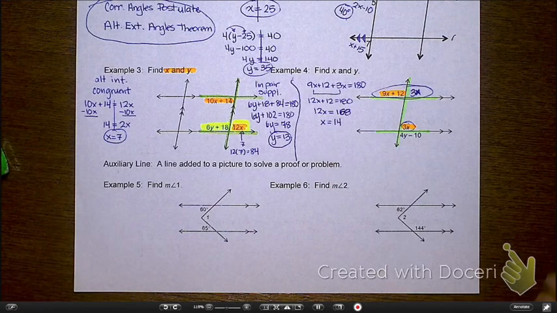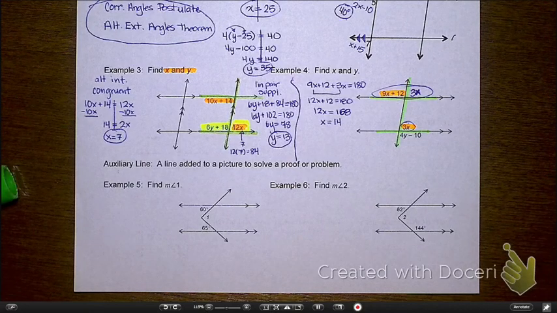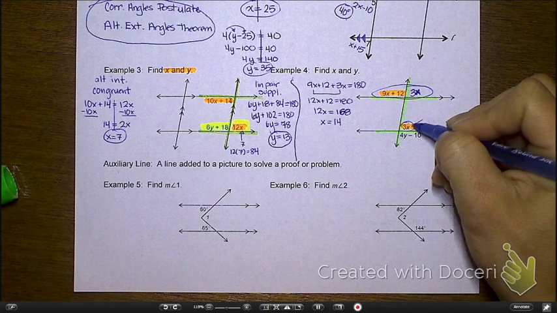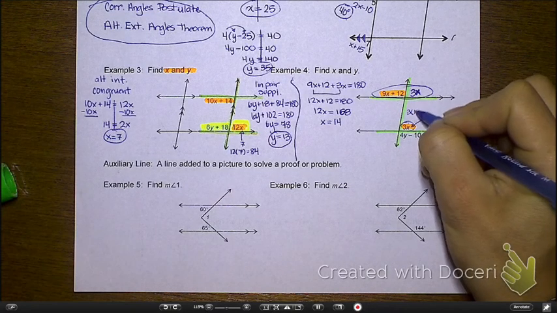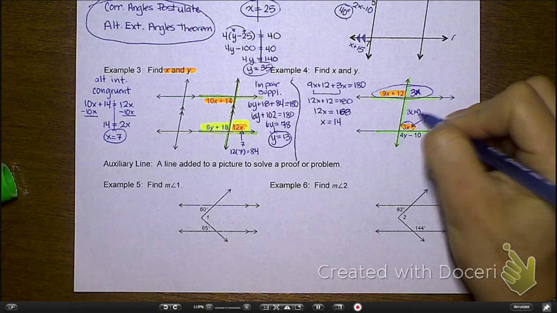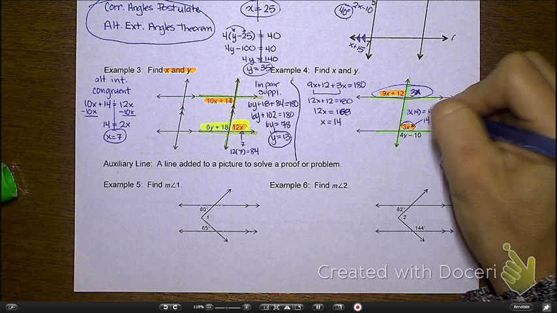So now that I've got 14 as my value for x, how am I going to find y? Plug it in. Where do you want me to plug it in? Right here? So when I plug that in, what's 3 times 14? 42. So this angle is 42 degrees.